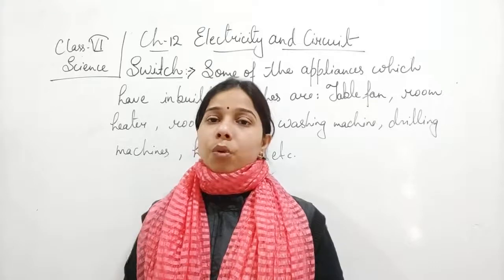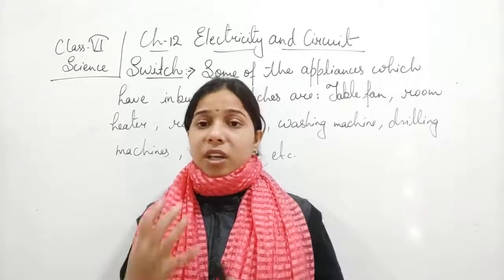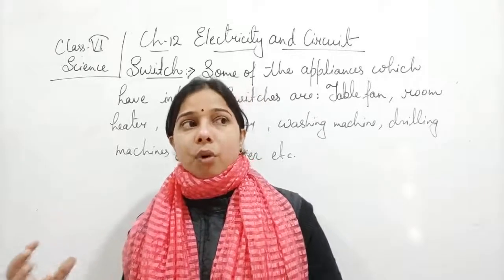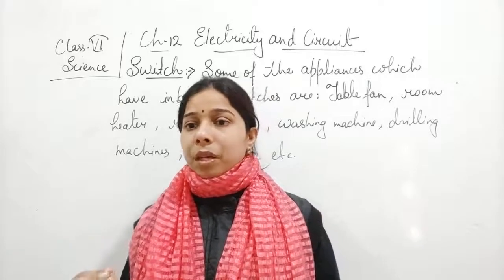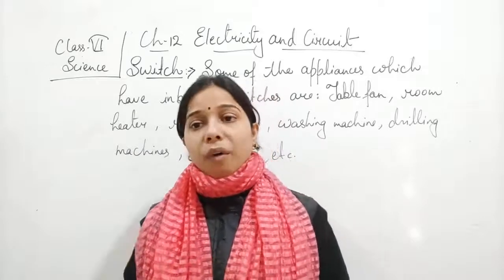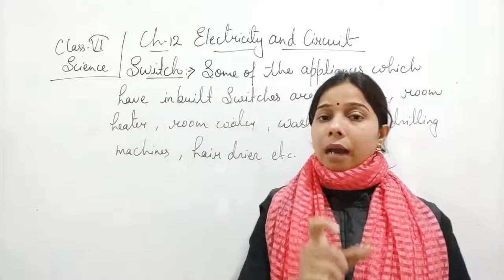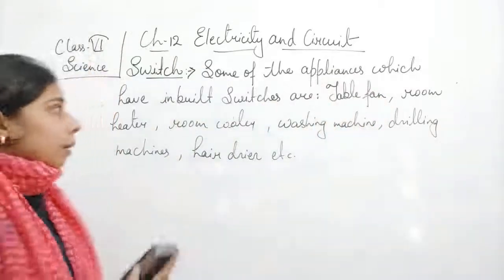Now, if we do not want the bulb to continue to glow, and we want to turn the bulb on or off easily, what we can do is add a switch in it. Let me tell you what I am talking about here, students.